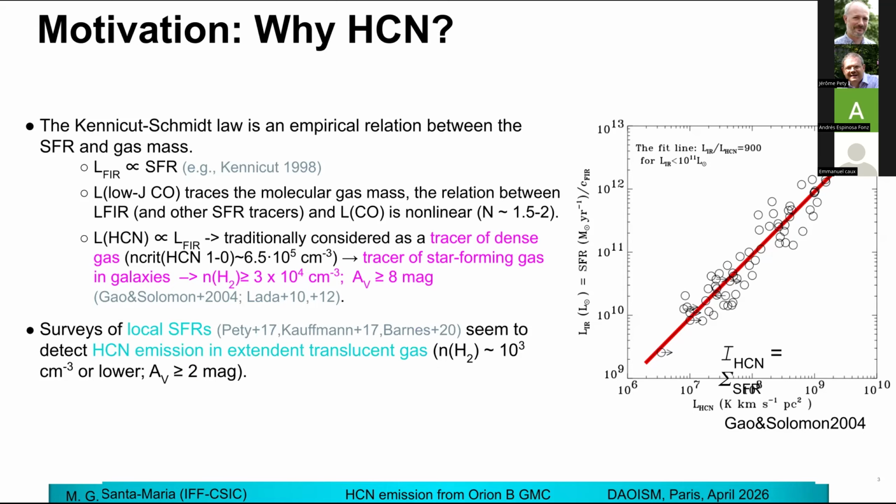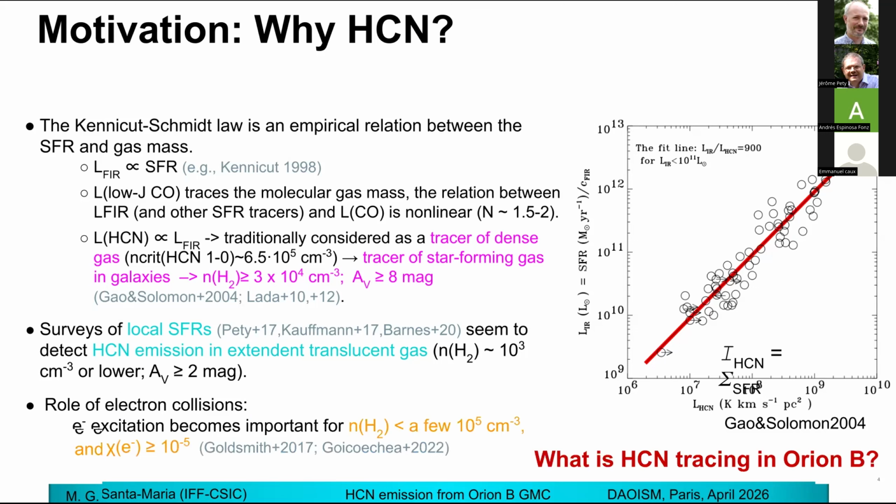However, as we already heard today, around 9 years ago, we found that HCN seems to be related with extended translucent gas, at 1,000 cm^-3 and extinctions around 2 magnitudes, and slightly higher, but lower than 8 magnitudes.